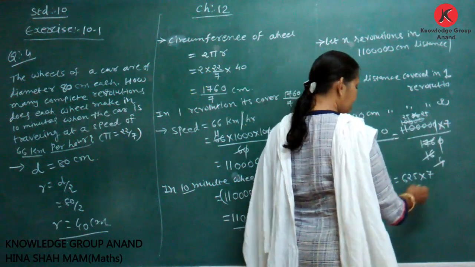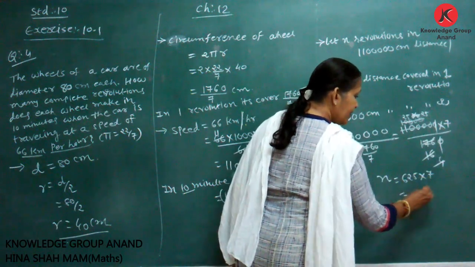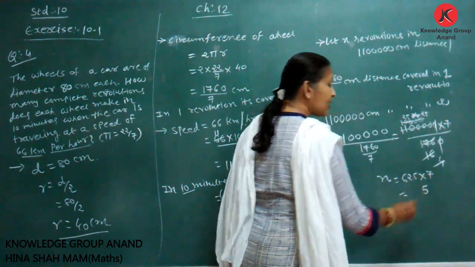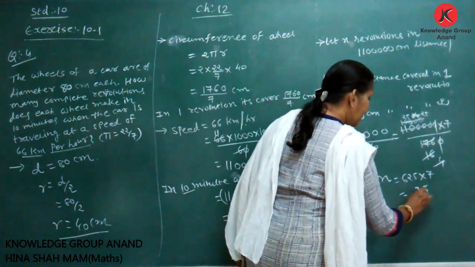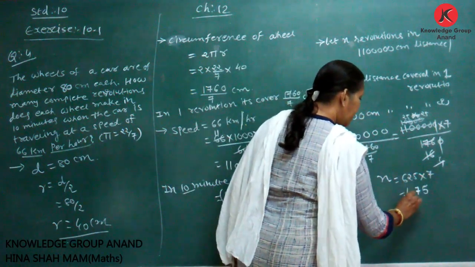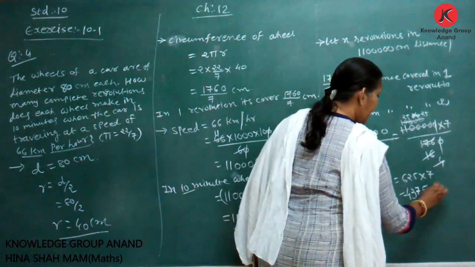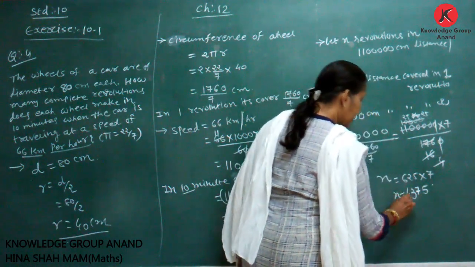Revolution again is equal to 7 5s are 35, 7 2s are 14, 14 and 3, 17, 7 6s are 42 and 4, 4375 revolutions.